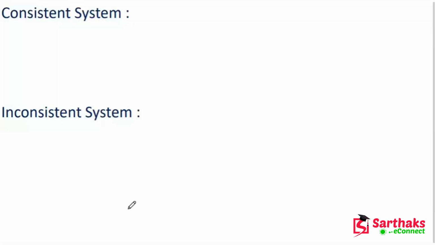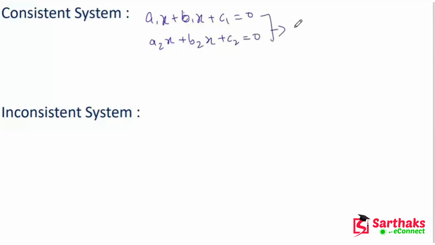Like we have a1x plus b1y plus c1 equals 0 and a2x plus b2y plus c2 equals 0. If it has at least one solution, then it is a consistent system.